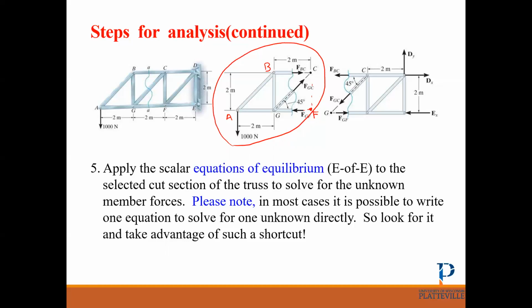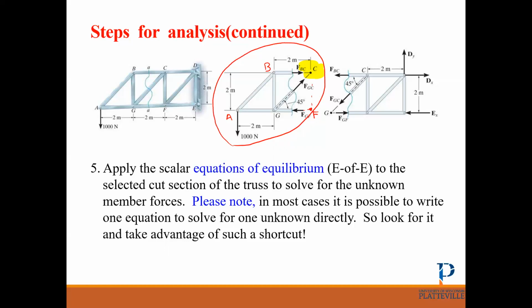Why is it a good one? Point C, because you can see FBC and FGC both pass through point C, so we can get rid of those. The only forces that we have are the 1000 and the force FGF.